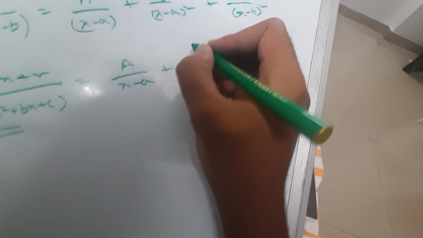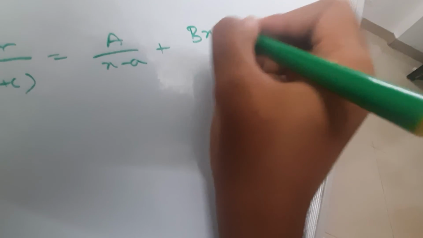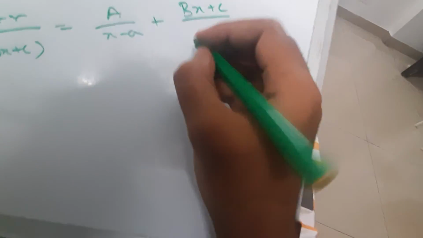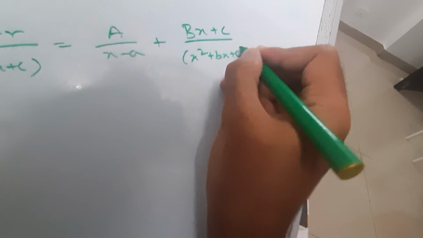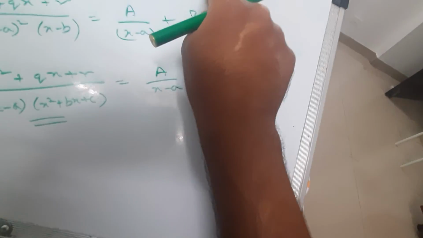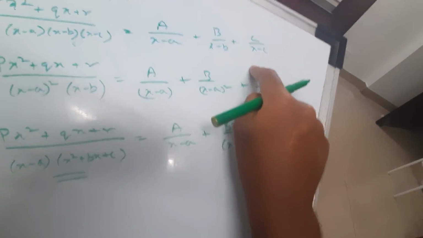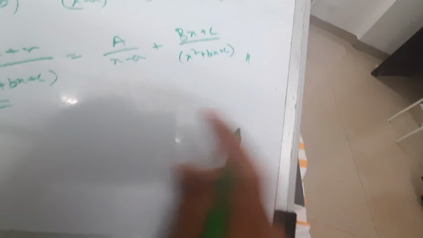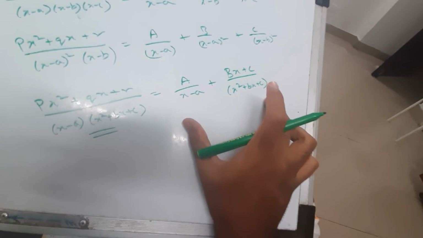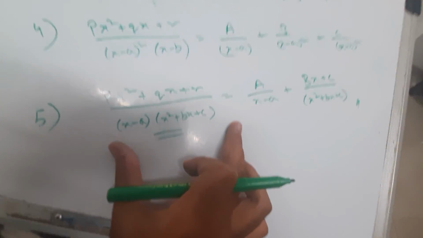So here you're going to get (Bx+C)/(x^2+bx+c). So you're merging terms B and C to get something like this.